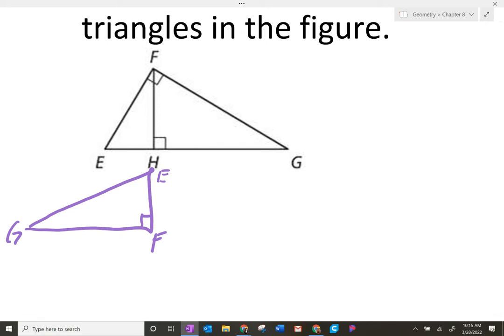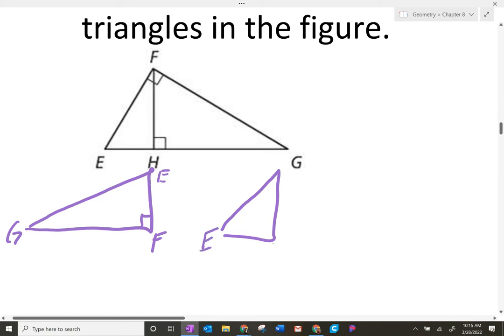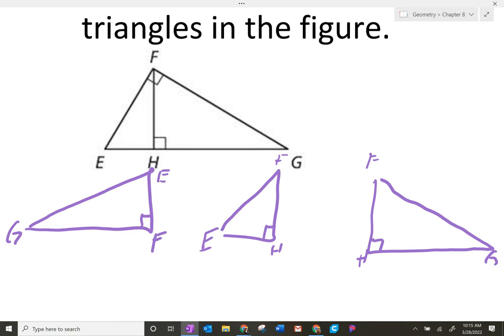Next one I'm going to have is going to be E, H, and F. And that's my next one. And then my last one will be F, H, and G. Okay, I made all 3 of these different triangles. I got the big triangle first, and I got the little one, and I got the other side.